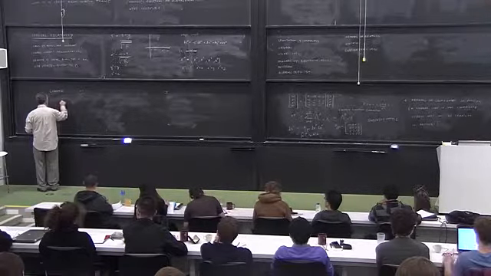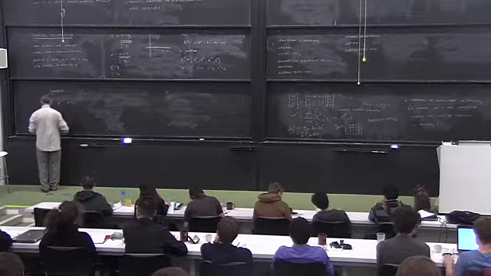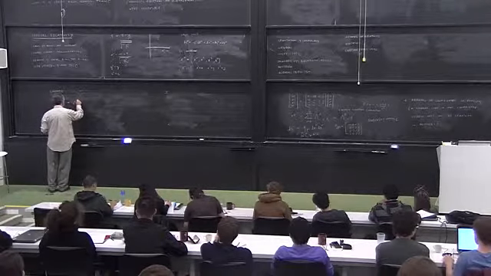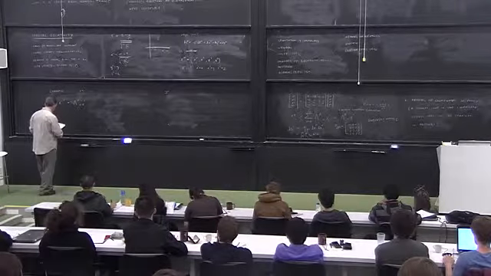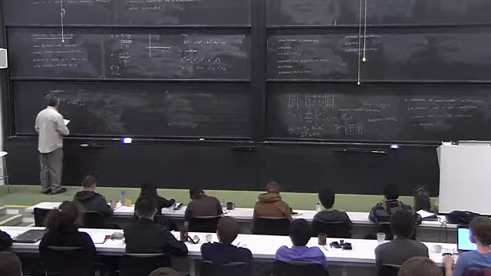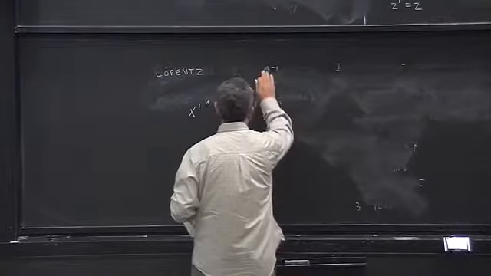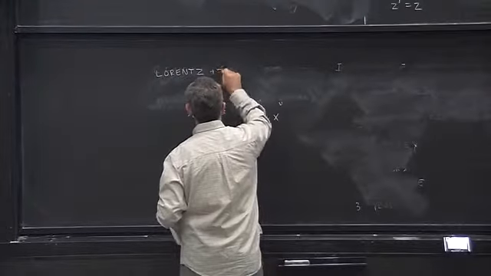It says that the nu coordinate in the prime frame is lambda mu nu x nu. Well, we can go one step further.